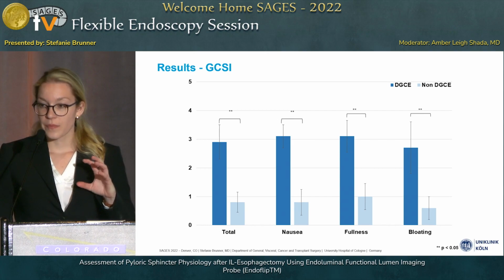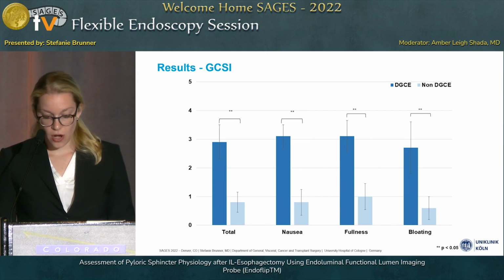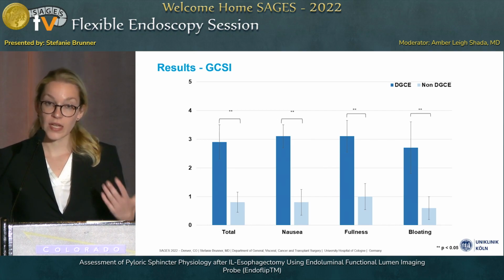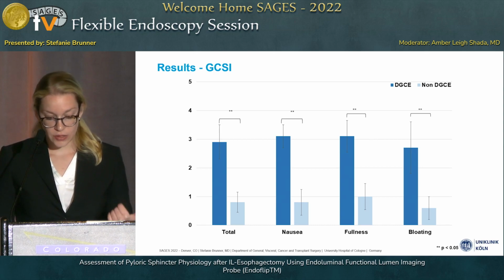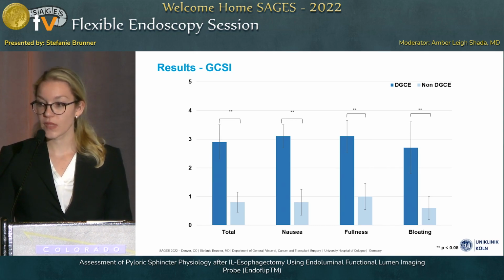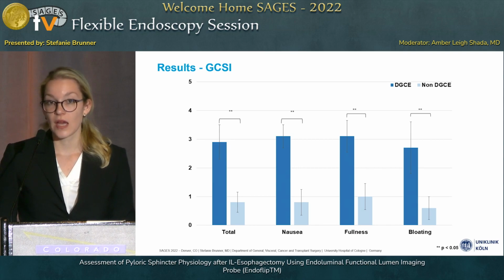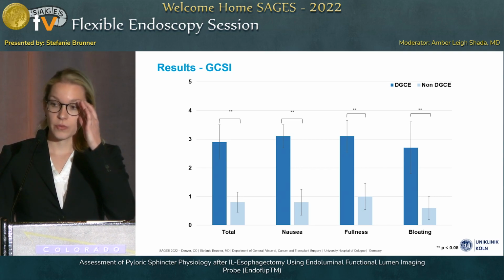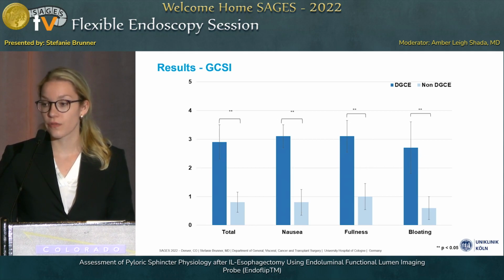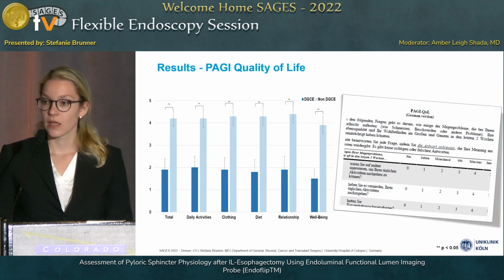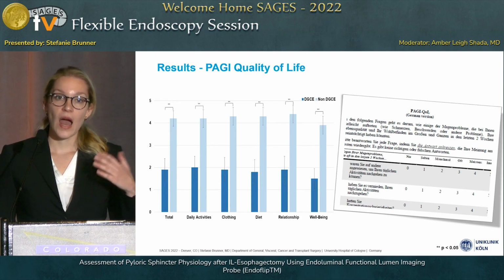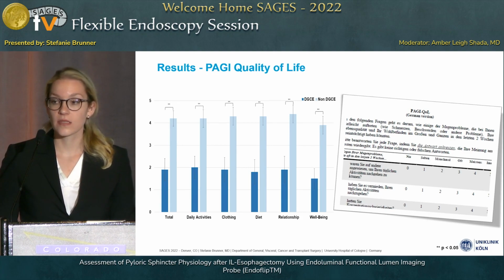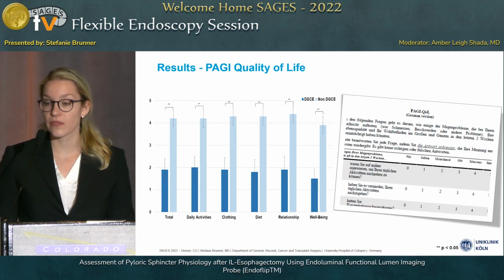This is a questionnaire which focuses on important symptoms related to gastroparesis, like nausea and vomiting, fullness and bloating. As you can see, DGCE patients significantly suffer more often from these three symptoms. Then we wanted to know how DGCE is affecting the quality of life of patients.